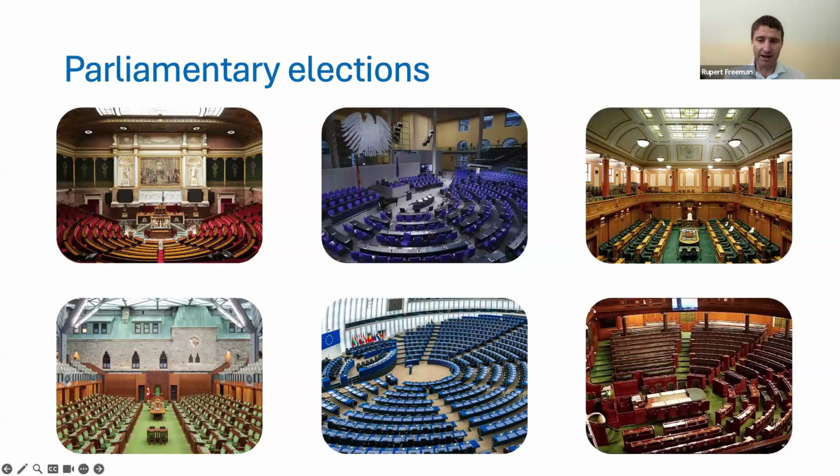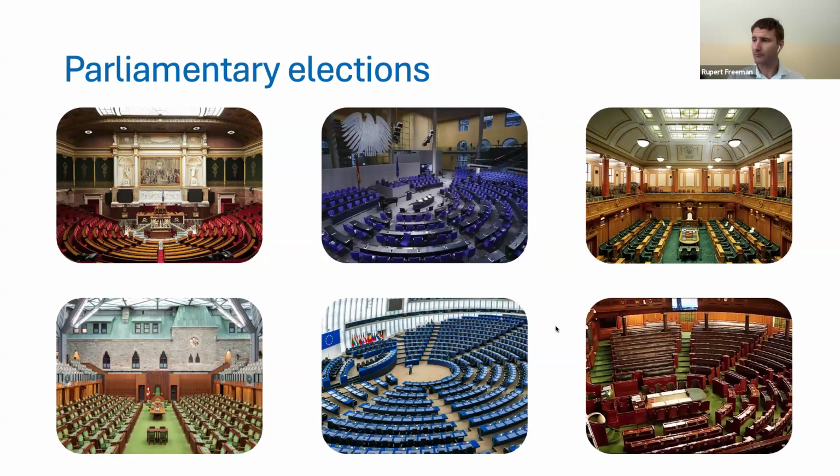We're going to be interested here in electing a parliament. So here are some pictures of parliaments. When I say electing a parliament, I think about allocating some number of seats between political parties in a way that represents voters. So hopefully people are convinced that this is an important and interesting problem to study.